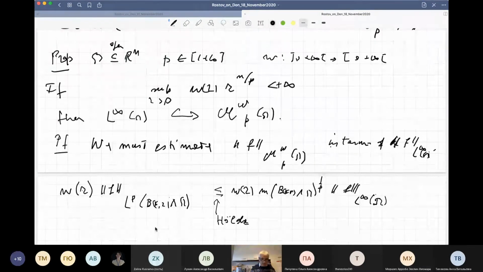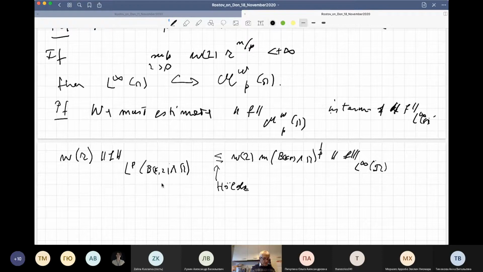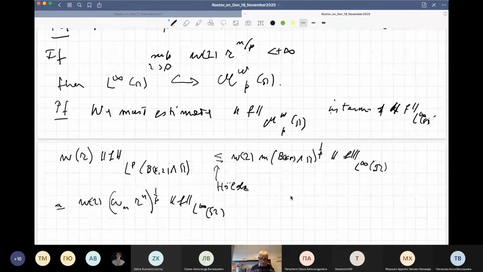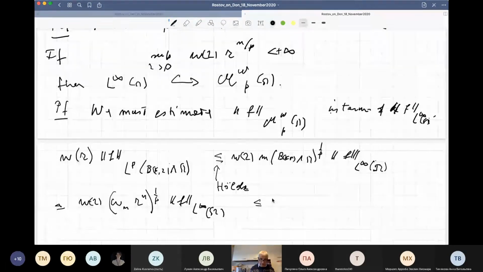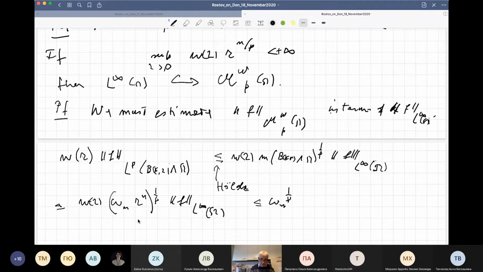Okay, and this is clearly less or equal than WR times this measure here, which is less or equal than omega n, the volume of the unit ball, R to the n to the 1 over p, times F in L infinity omega. And however, we have assumed that this supremum is finite, so this is less or equal than omega n times the supremum of WR times R to the n over p.